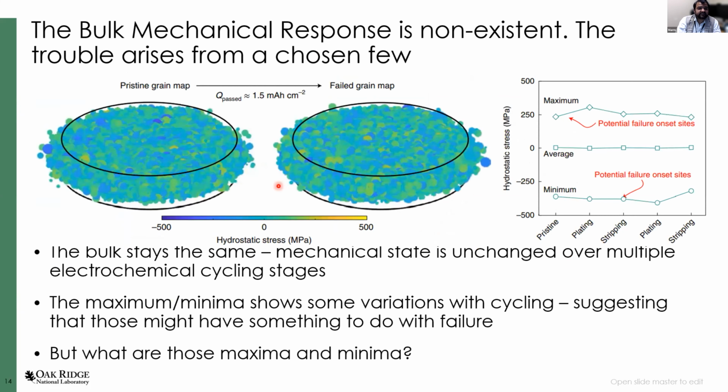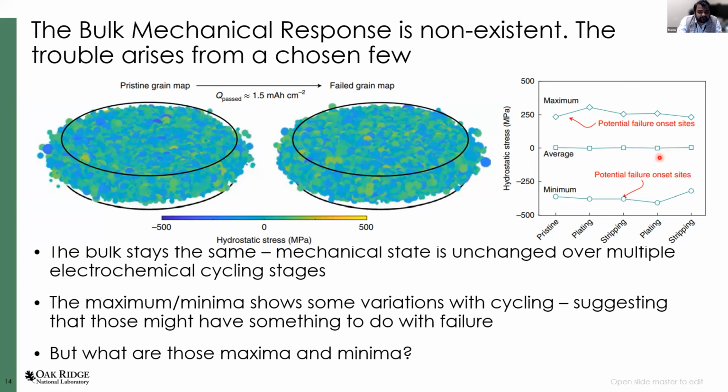And so what you are seeing here is the grain map from the solid electrolyte garnet materials. We have quite a bit of charge passed before we failed the cell. What was surprising to us was that the average hydrostatic stress does not really change.